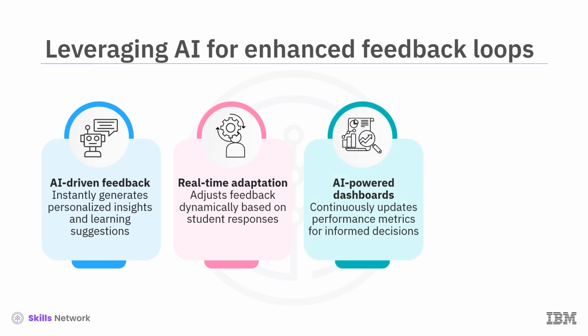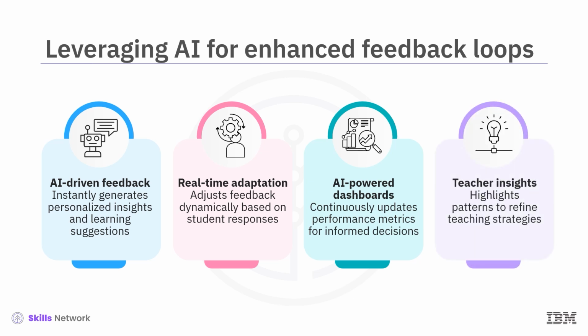AI-driven interactive dashboards continually refresh performance measures, enabling instructors to track advancement and make real-time rational adjustments. Besides, reports authored by AI strengthen teachers' reflection by detecting trends indicating the need for instructional or classroom management shifts, thus yielding a more dynamic and responsive classroom.